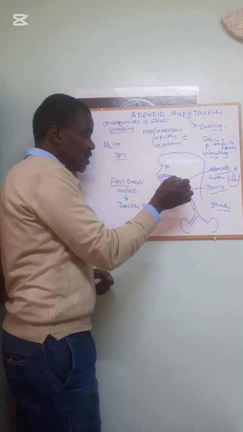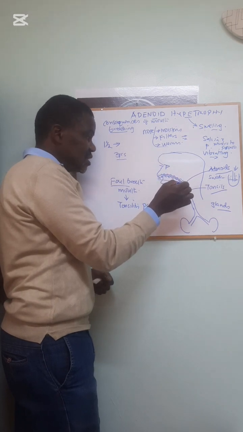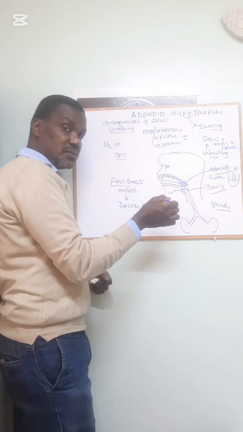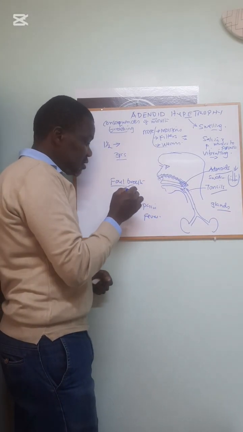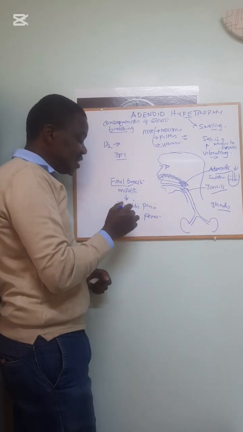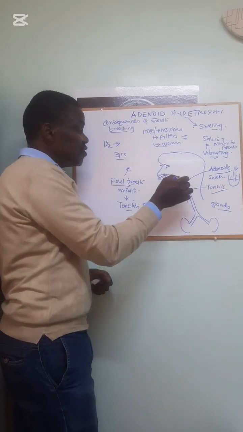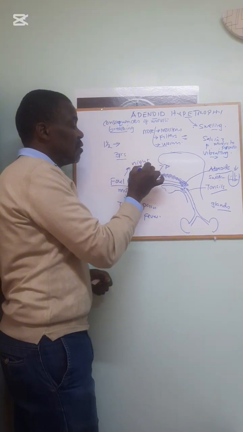And then as the mucus is trapped, it begins to release the mucus through the throat. Okay, so it causes a foul breath. In a few days, it causes tonsillitis, you have pain and fever, and then another thing that you normally have because of this constant discharge is a night cough.